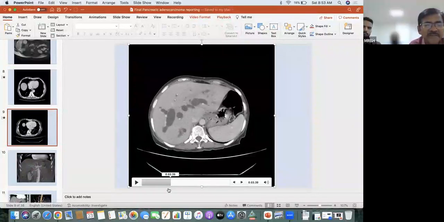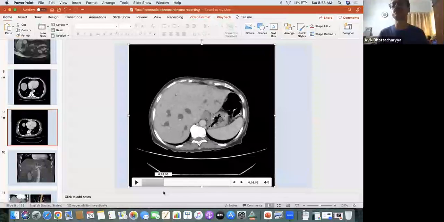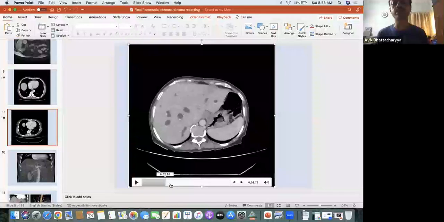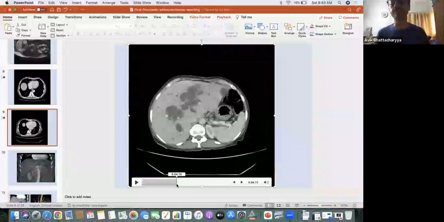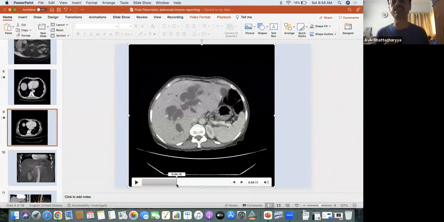That's why I'm saying don't see the film, see it on the console. If you scroll it down, your 80% confusion would settle when you see the image on the console. Those structures where you're not sure whether it is a normal or abnormal structure, it is like when you see a chest X-ray with a focal lung nodule, you think this may be a lesion.